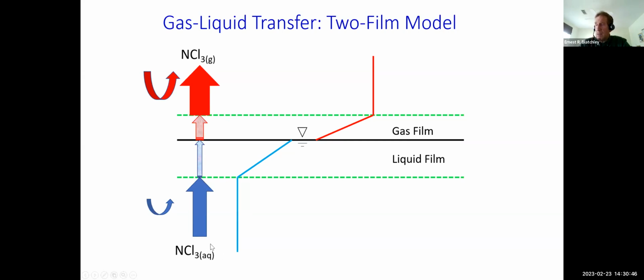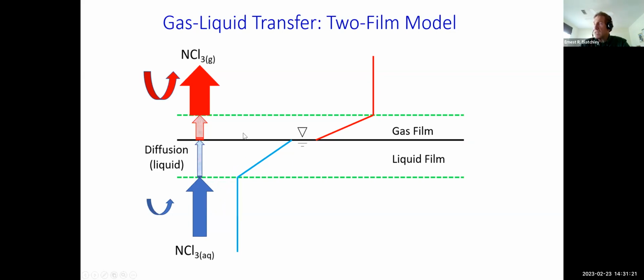In the two-film model, the idea is we imagine that there are going to be a series of steps that this molecule is going to have to take. The first is going to be to move from what I'll refer to as the bulk water down here to the edge of what's oftentimes described as a liquid film. That liquid film is assumed to exist only right next to the gas-liquid interface, and it's assumed to be static, which means that transfer of the molecule across that liquid film is going to be by diffusion, a relatively slow process.